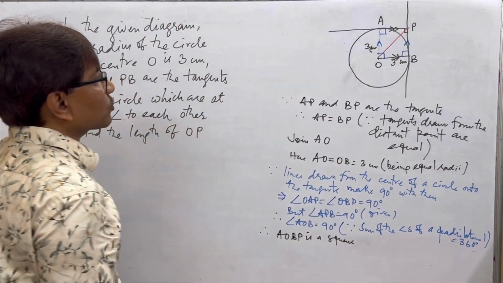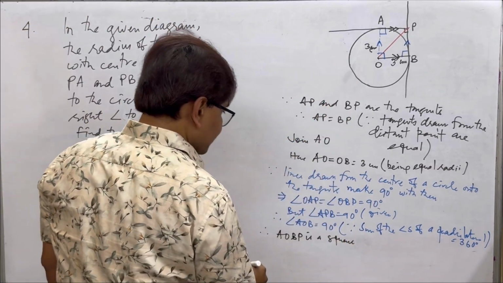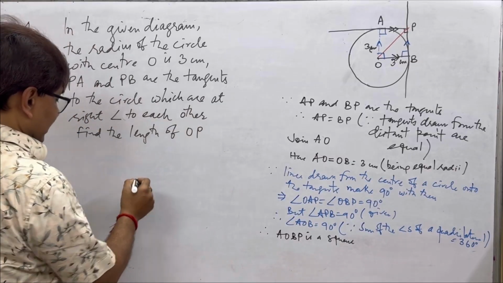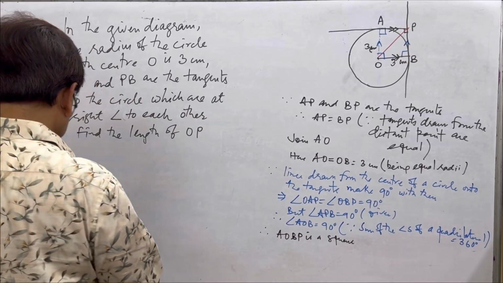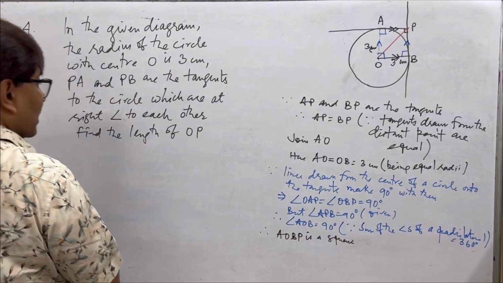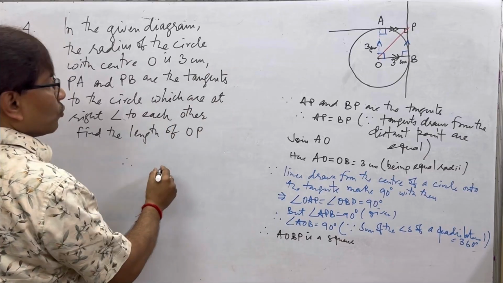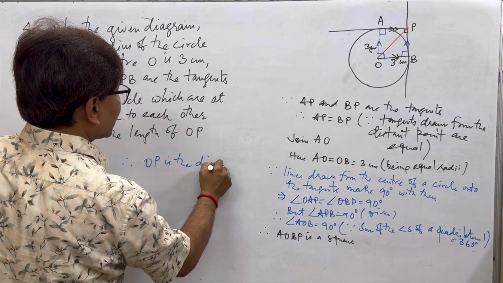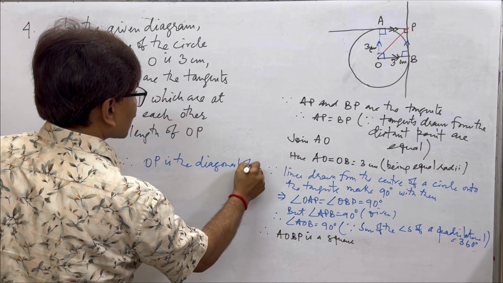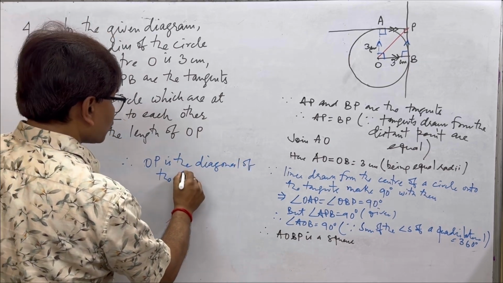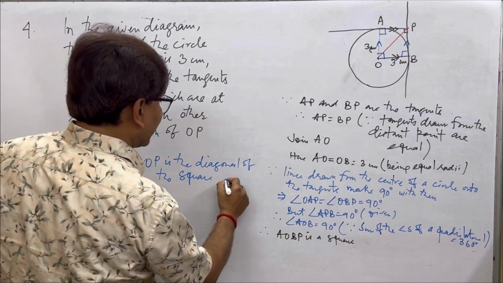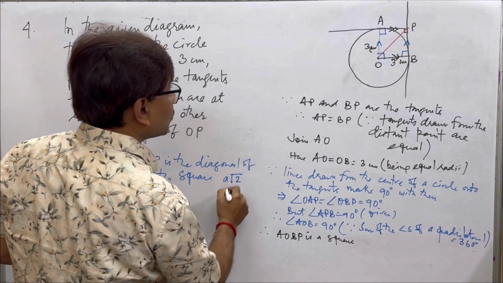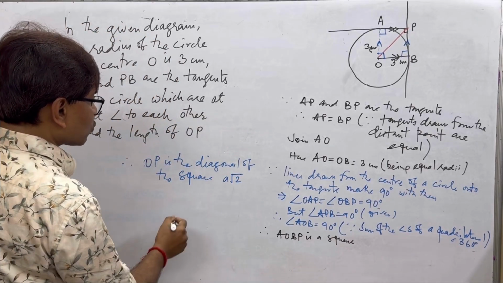If it is a square, then what will OP be? Therefore, I am writing, OP is the diagonal of the square, a root 2. So here a root 2 we are getting.